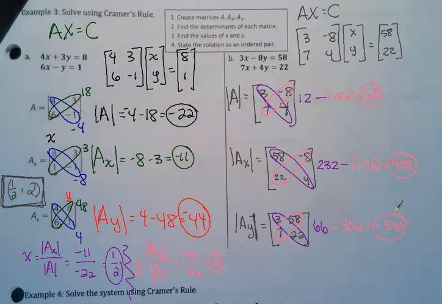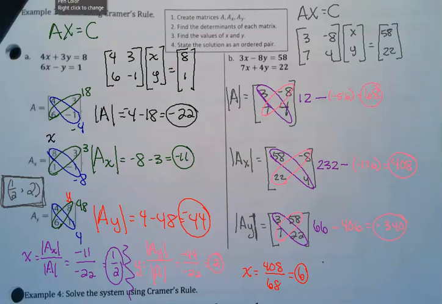All right, so we're ready to move on to solving for x and y. So x is going to equal the determinant of A sub x, 408, divided by the determinant of A, 68. So what's 408 divided by 68? That equals 6.